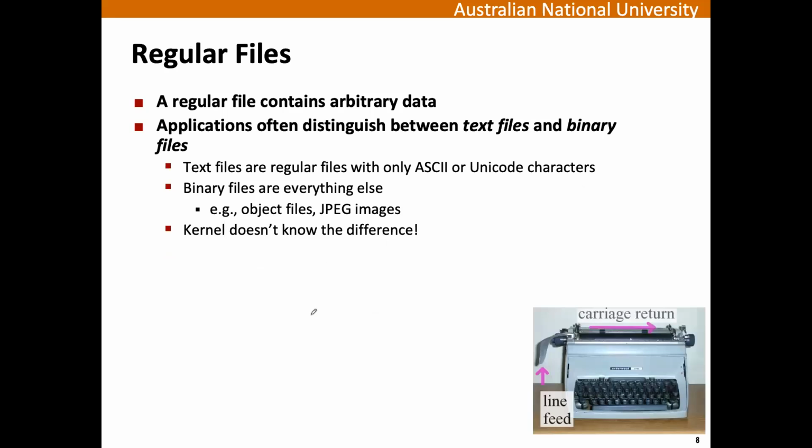So regular files contain arbitrary data. Applications distinguish between text files that contain ASCII or Unicode characters, and binary files. When you compile a program, the object file generated is a binary file.